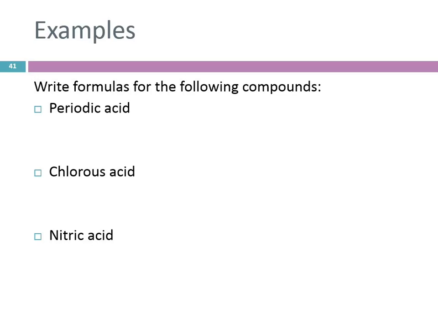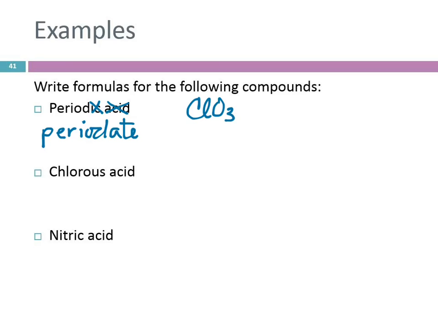So we're going to do the opposite of what we did in the previous slide. So per-iodic, we're going to get rid of the ic and the acid, and we're going to change ic to what? Ate. Ric ate, ic ate. So this comes from per-iodate. So hopefully you've memorized chlorate.